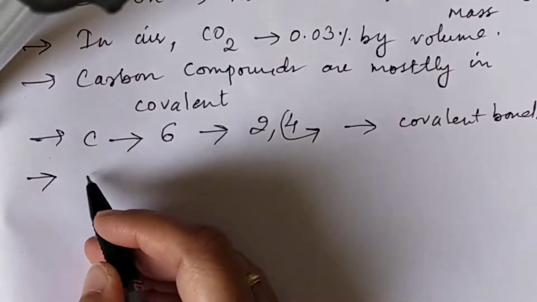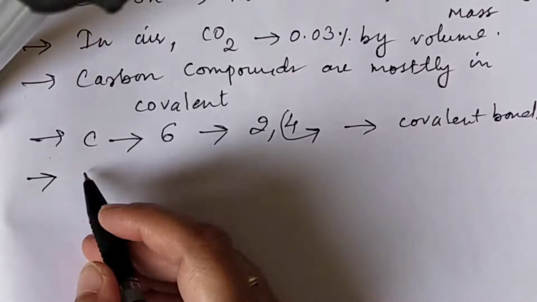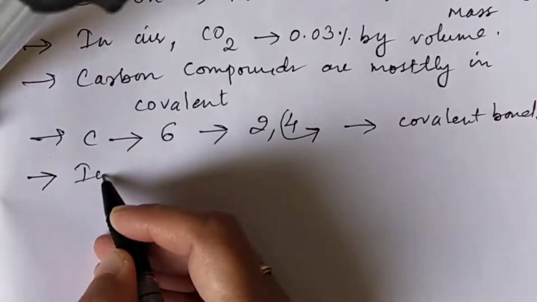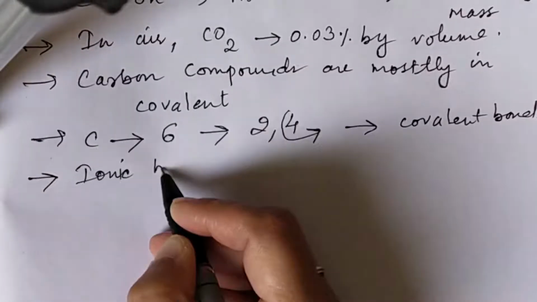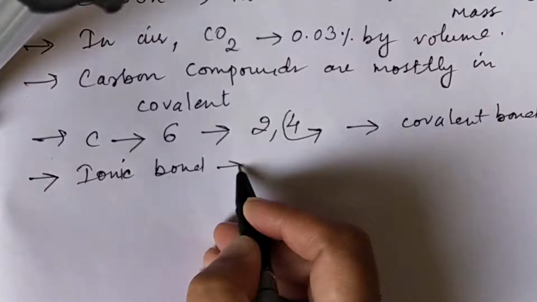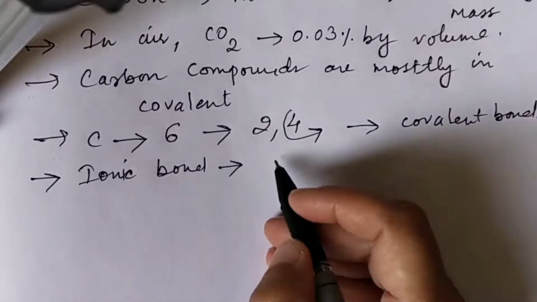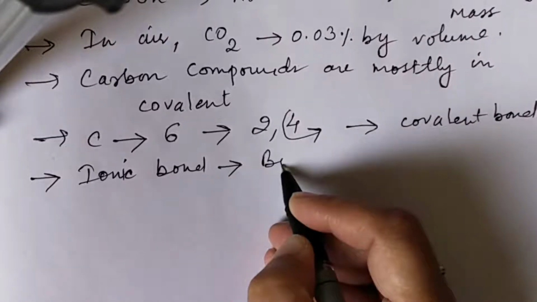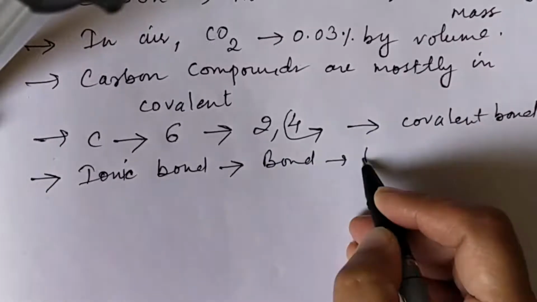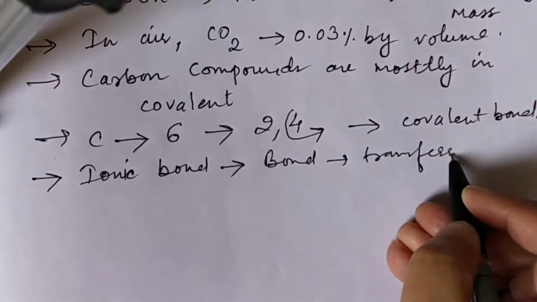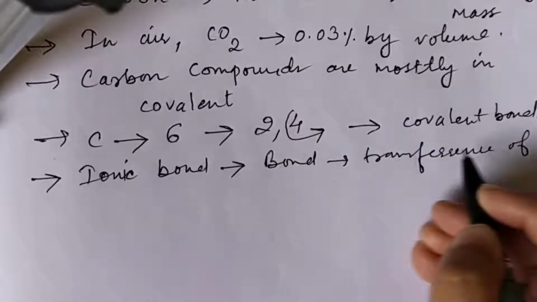Can you cite any example of an ionic bond that you might have studied in your junior classes? What is an ionic bond? An ionic bond is a bond which is formed by the transference of electron from one atom to another atom.